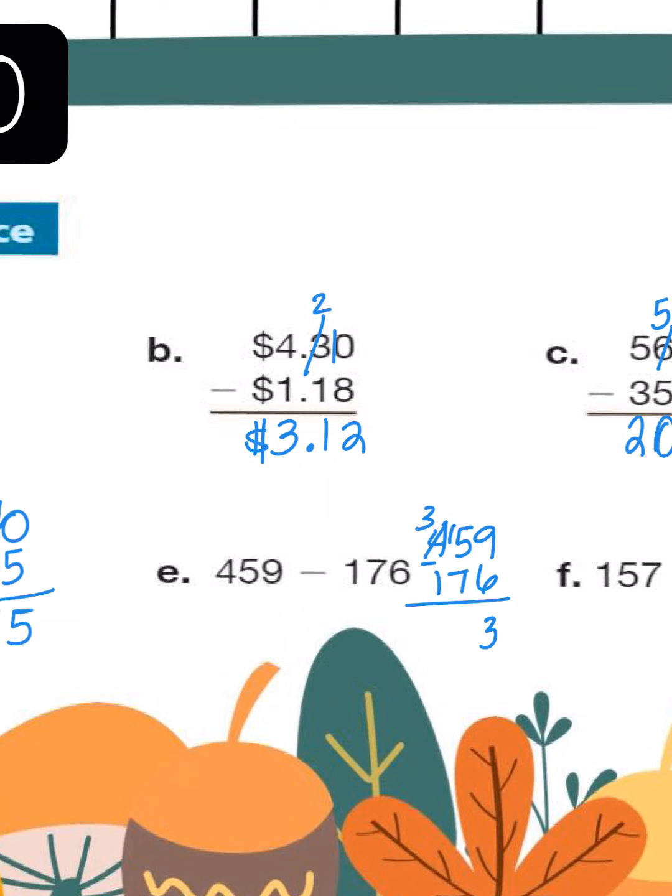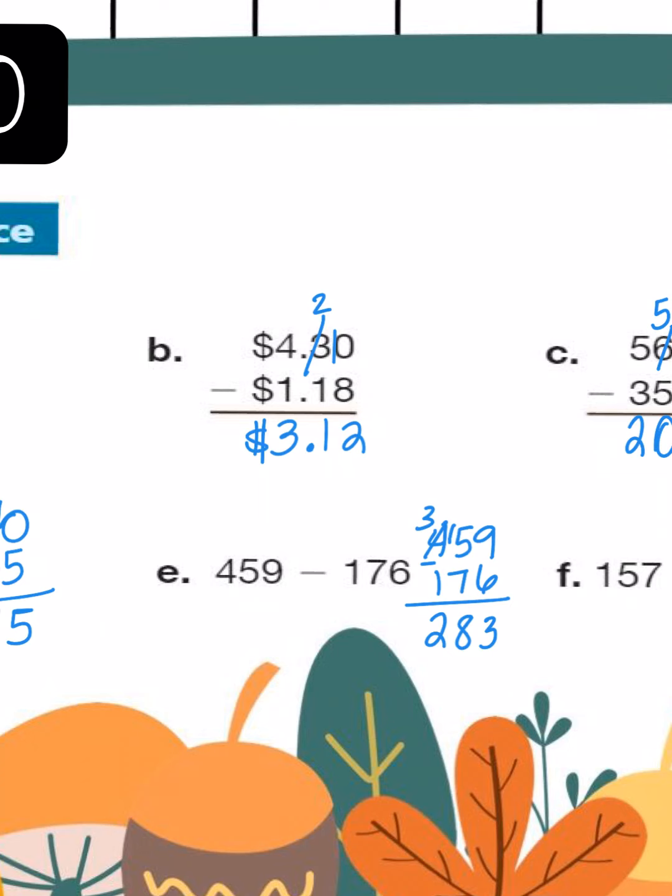So then 15 minus 7 is 8, and then 3 minus 1 is 2. Beautiful.